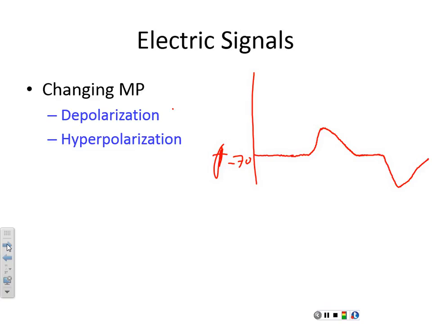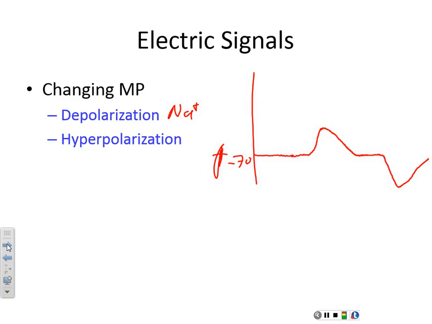And to depolarize, what has to happen? You open sodium gates, and where does sodium go? Remember the conditions at rest I was talking about a while ago. What did I say? There's a bunch of sodium. Where? Inside or outside? Outside. So you have to know the conditions at rest, right? If you know the conditions at rest, the rest you don't even have to memorize. You can work it out.